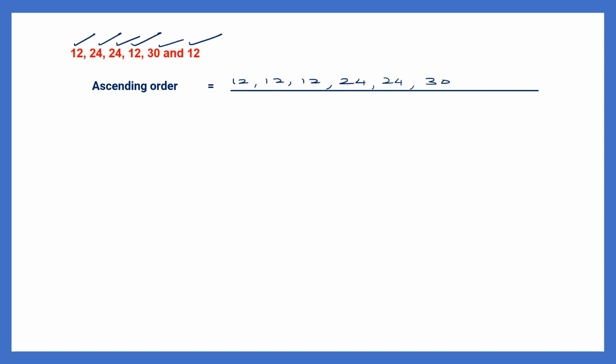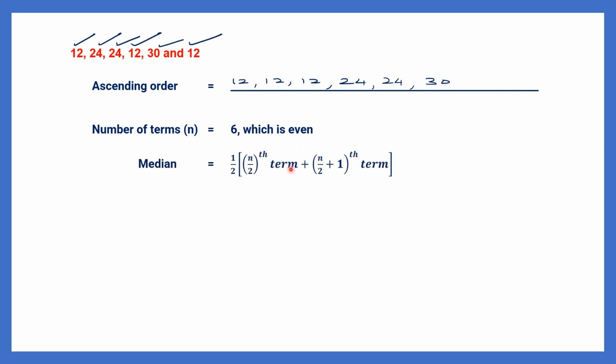This is the first step. Then we need to count how many numbers we have. We've already counted. We know that there are 1, 2, 3, 4, 5, 6 numbers, which is an even number. So the number of terms is 6, which is even. That means there is a particular rule to follow, a particular formula. So let's use that formula. The formula here is: 1 by 2 into the n by 2 that term, plus the n by 2 plus 1 that term.